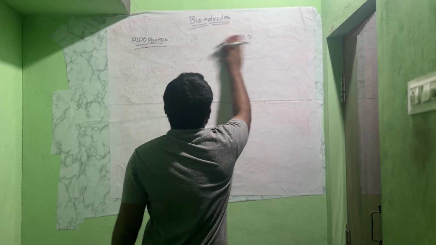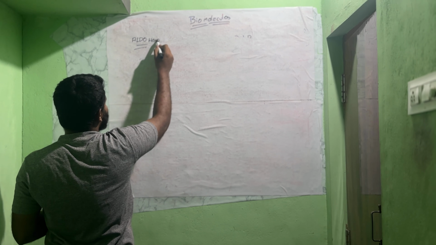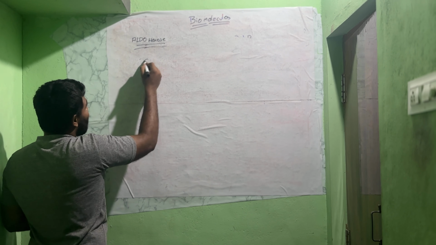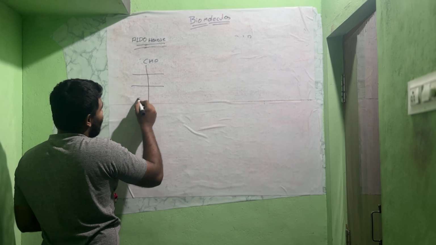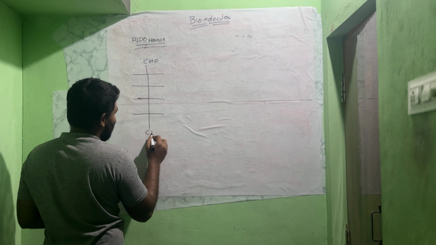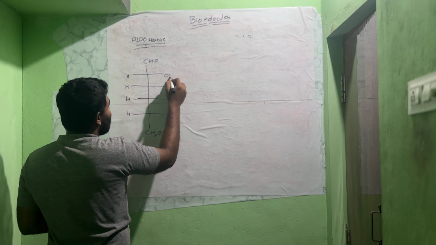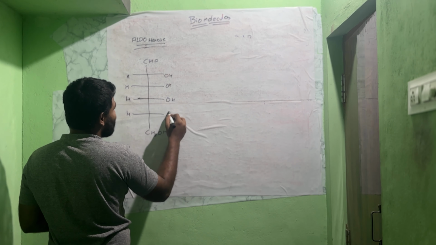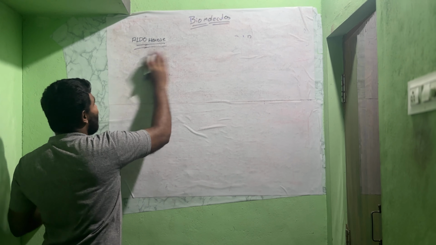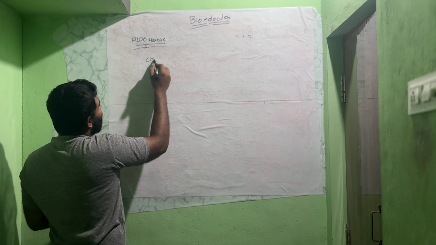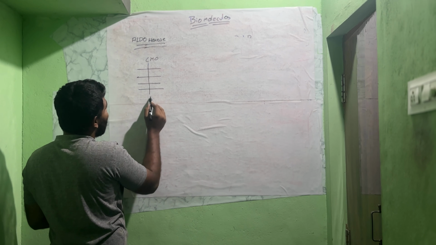Now we will see for aldohexose. If you see here, aldohexose means how many carbon atoms have to be there? 1, 2, 3, 4, 5, and the last one is CH2OH. OH, OH, OH, OH. Shall we make it small so that everything comes in a single line? 1, 2, 3, 4, 5, and 6.